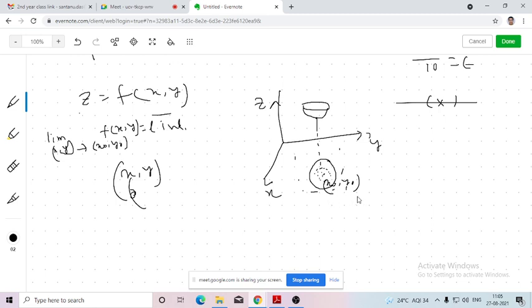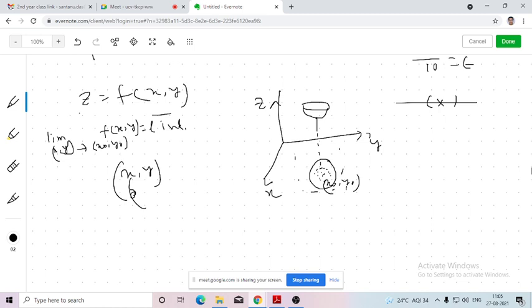Okay. So just tell me, in the previous case, since this is a 1-dimensional independent variable, you can approach towards this point from the nearer points, either from this direction or from this direction. But since here infinite numbers of points are there in that neighborhood, how could I approach this point from the nearer points? How many directions are there? Can anyone tell me how many directions are there?